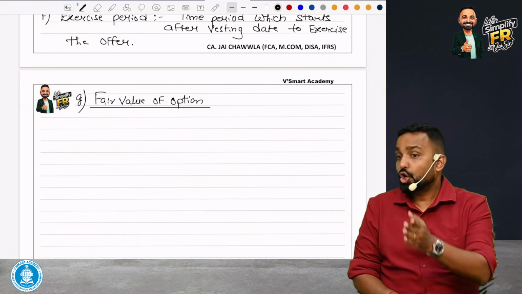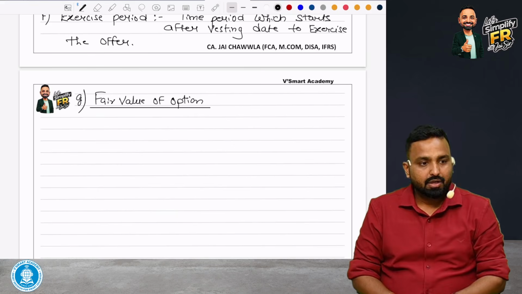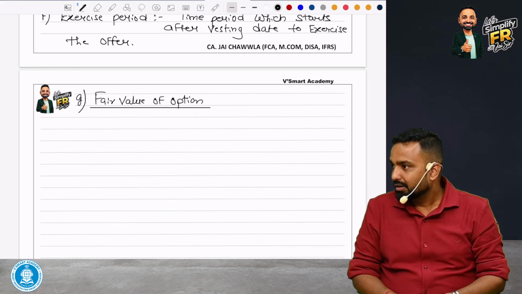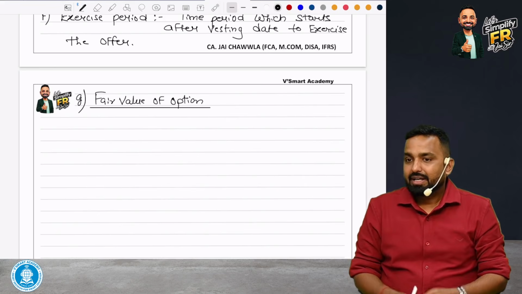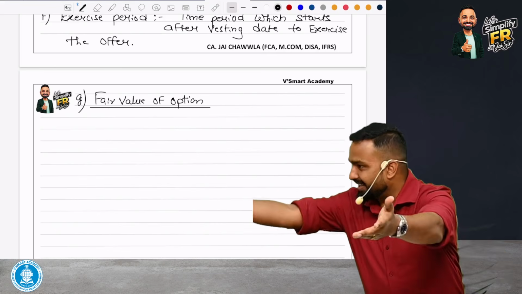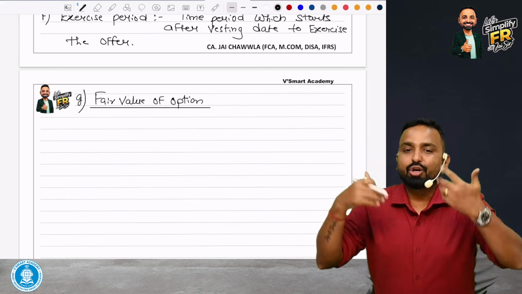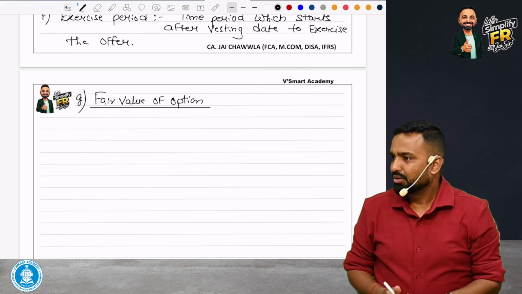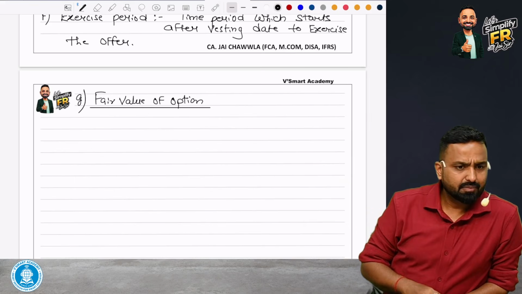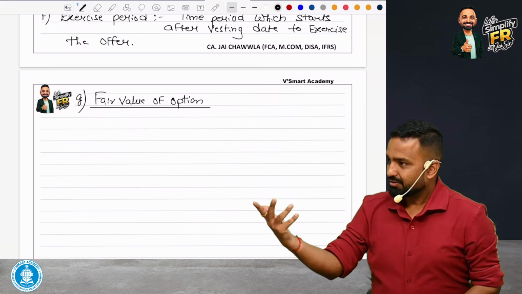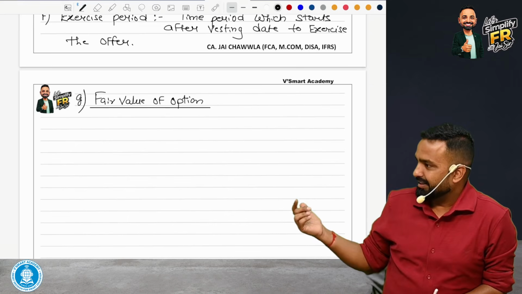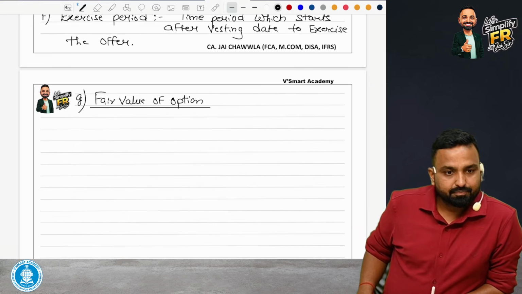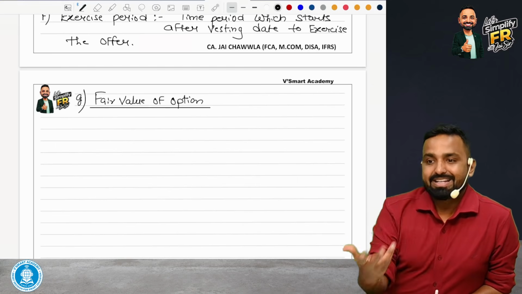Employee stock option plan. So what is the option basically? It is a right. It is at the discretion, correct? I have given you the offer. It's up to you. If you don't want, then leave it. So it's an option for you. You want it, you take it. You don't want, leave it. So option means a right.